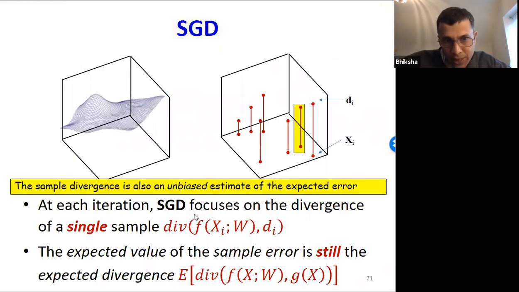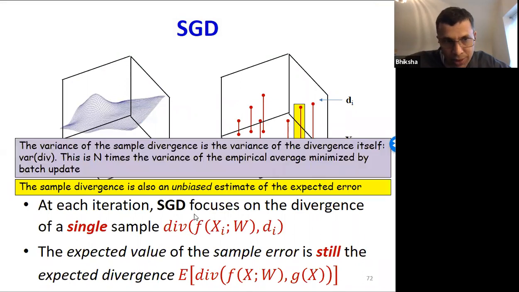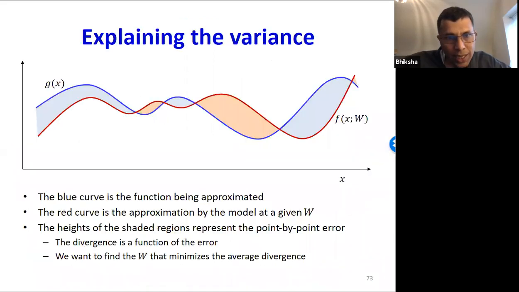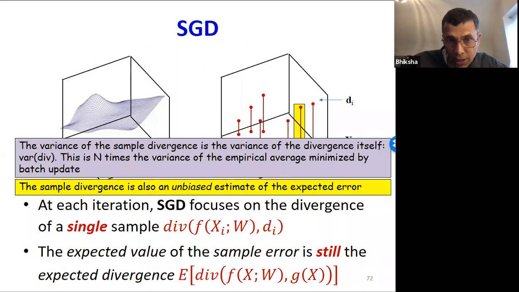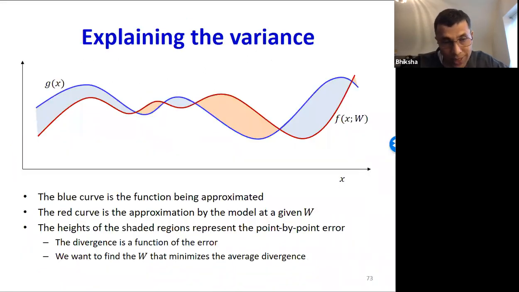But the sample divergence is an unbiased estimate of the expected error. But the variance of the sample divergence is the variance of the divergence itself, which is n times the variance of the empirical average minimized by batch updates, which is why SGD is going to have a lot more oscillation in your estimates. Now, this may not make a lot of sense, but let's try to do this with pictures.